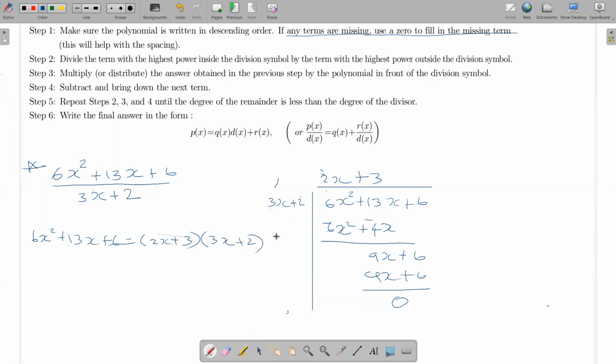Okay, and I can write the 0 remainder here or leave it, skip it. Because 0, I can write it, it's correct if I write it, or if I don't write it, it's also fine.